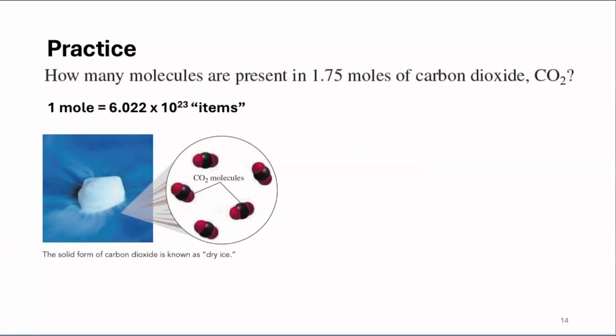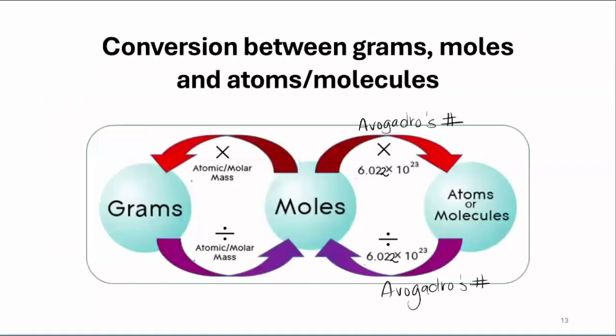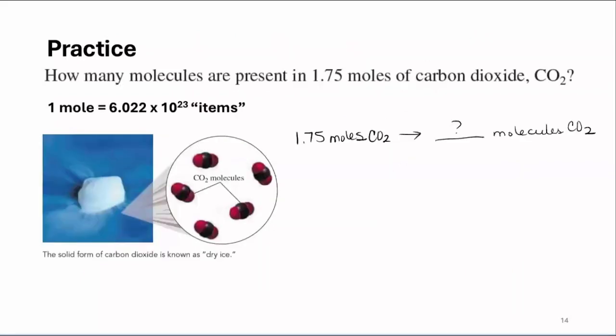In this problem, I am given 1.75 moles of CO2, and I need to find molecules of CO2. If I go back to the flow chart that I just showed you, since I am given moles, the arrow that takes me to molecules is going to be multiplication by Avogadro's number. And that's exactly what we're going to do.